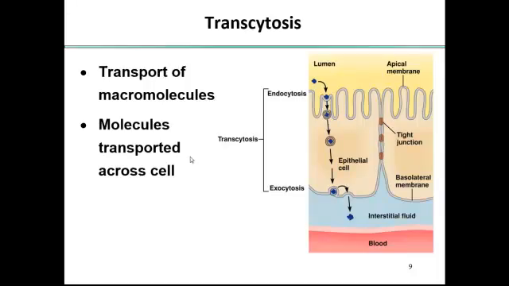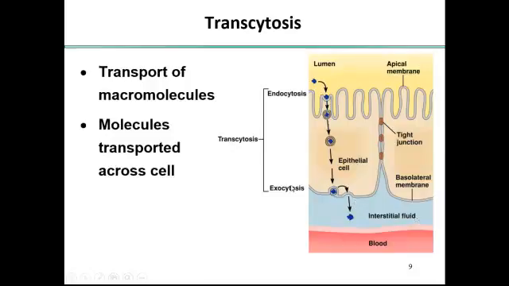If we involve both exocytosis and endocytosis, then this is a process of transcytosis. Starting from the lumen here, the molecules come into the cell by endocytosis and cross the epithelial cell, going to the other side of the membrane, which is connected with interstitial fluid.